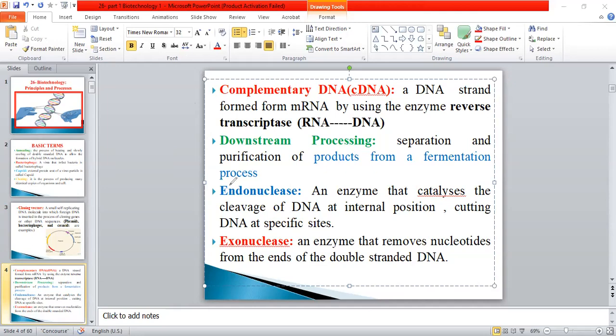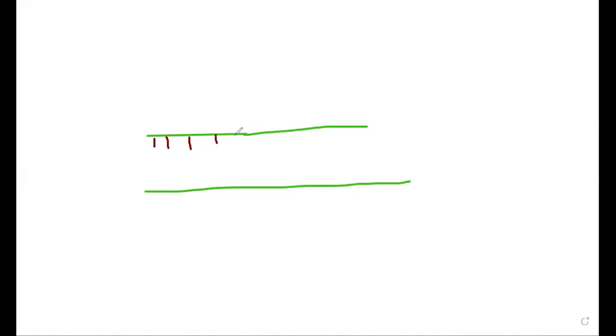See that one. This is a DNA molecule. Take an example. There are nitrogen bases, so these are the nitrogen bases.